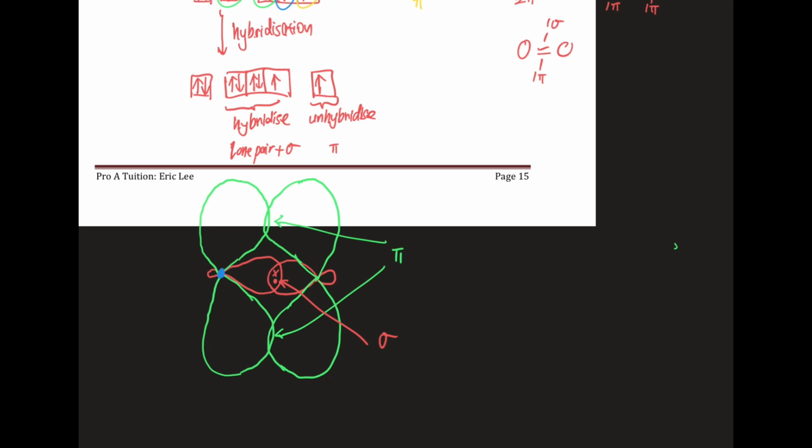So maybe you're wondering, how about the lone pair? The lone pairs are hybridized also. You see there is a lone pair here and a lone pair here, so they are hybridized also. They will form a structure like that, another structure like this.